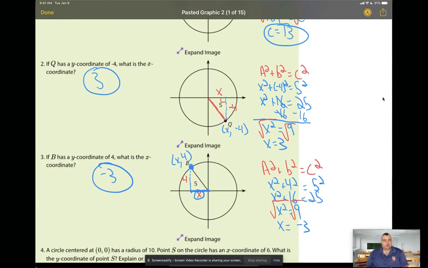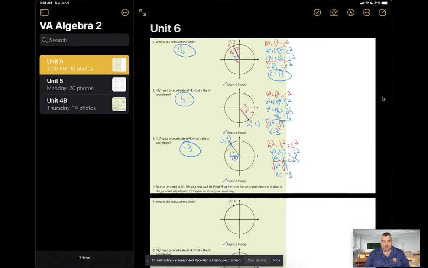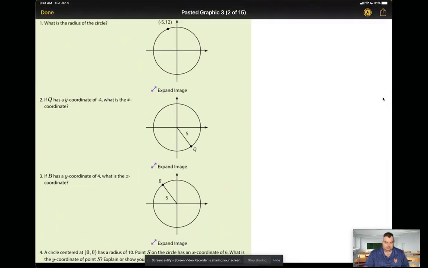Okay, let's look at number 4 right now. A circle centered at 0, 0 has a radius of 10. Point S on the circle has an x-coordinate of 6. What is the y-coordinate of point S? So this one, let me go ahead and draw a diagram this time.